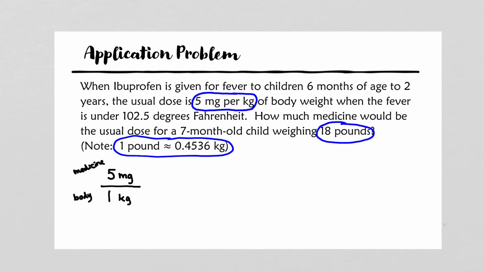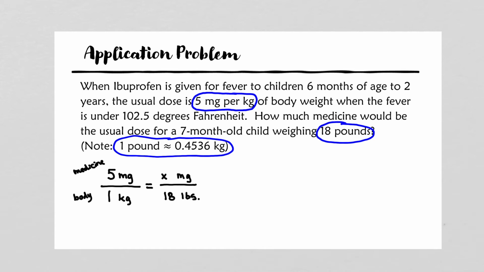And you know what? This is making me think maybe I want to use a proportion here. So 5 milligrams of medicine corresponds to 1 kilogram of body weight in the same fashion as the dosage of X milligrams would correspond to 18 pounds. Right?